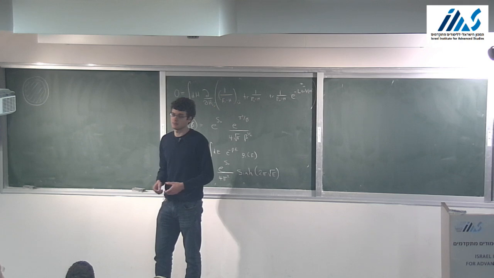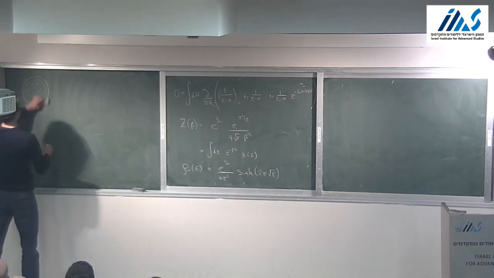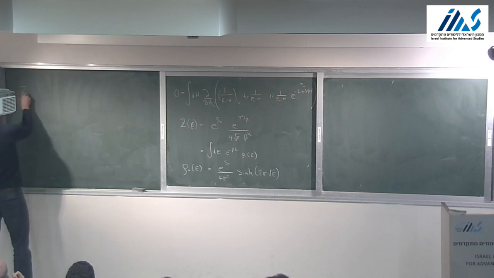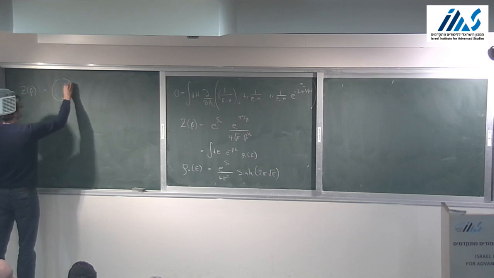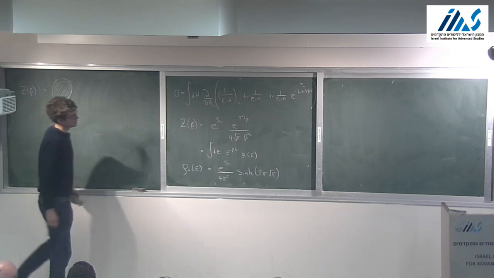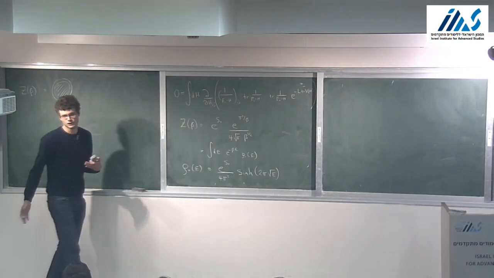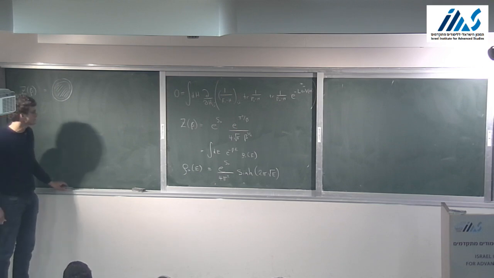So we're going to try to compute Z of beta in JT gravity. The first term is this one. But according to this discussion, we should have an infinite series of corrections, weighted by powers of e to the minus S0, powers of e to the minus 2 S0.